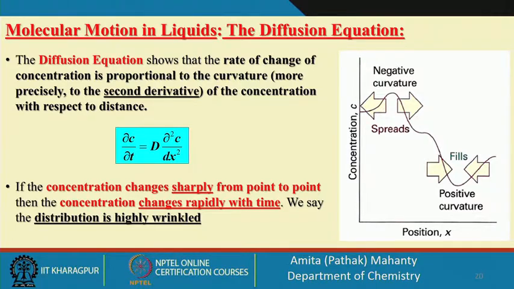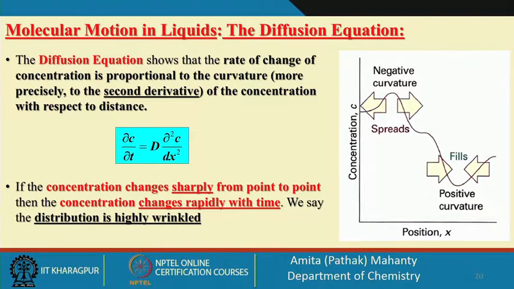So, if you have a drastic change in concentration from one point x to another point, x plus delta x, then we say the concentration changes rapidly with time.